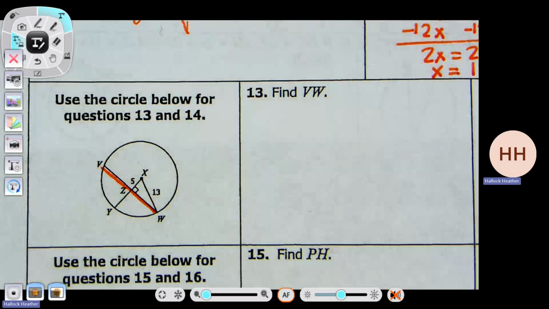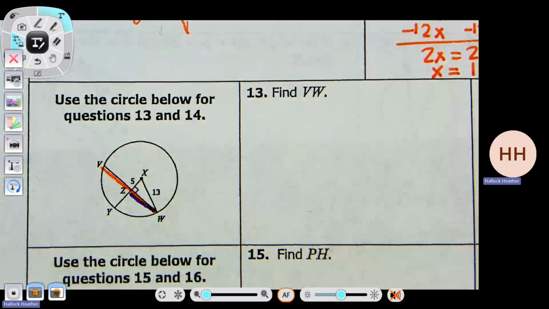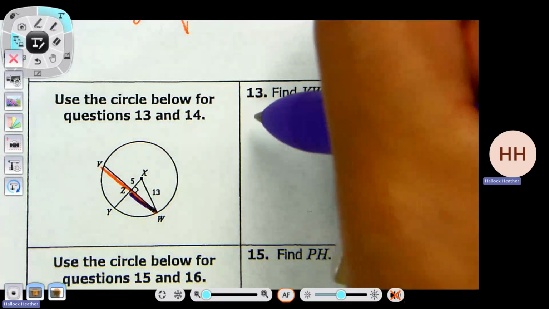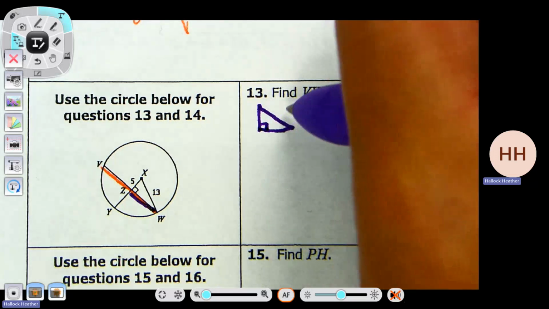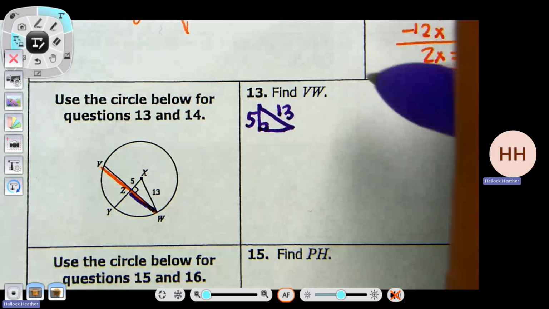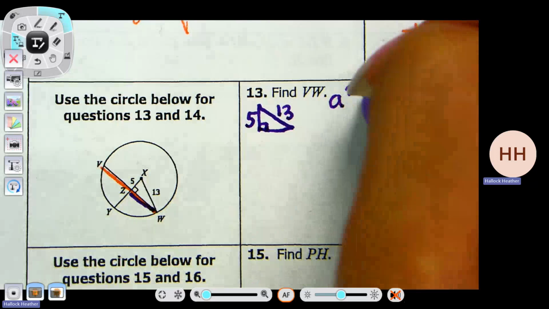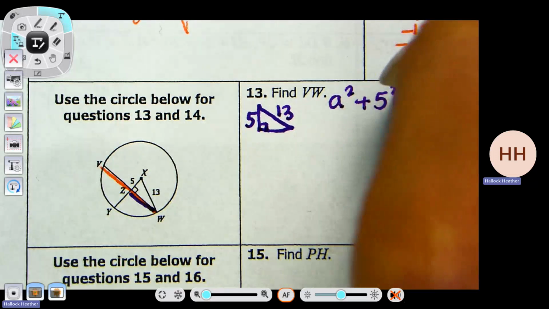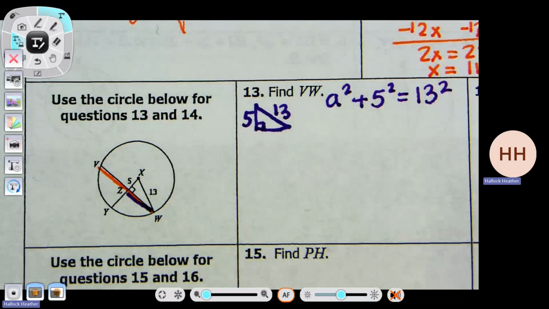We know the radius bisects it, so we're going to find the little tiny bottom piece, and then we can double it once we do the Pythagorean theorem. Good old Pythagoras, who thought he was gone, but here he is once again. So 13 is your C.